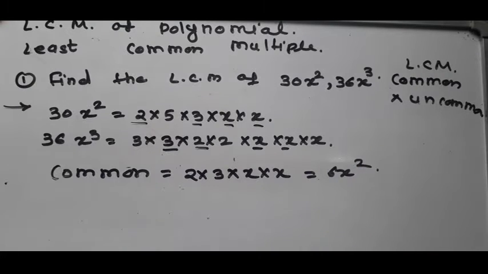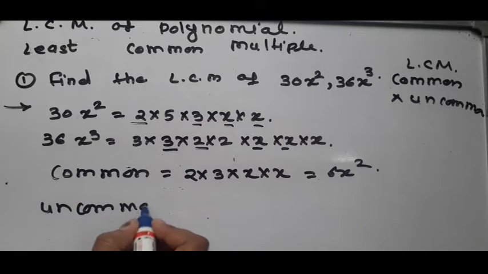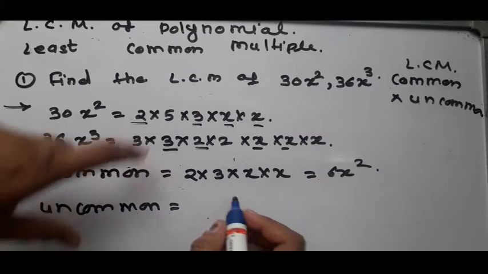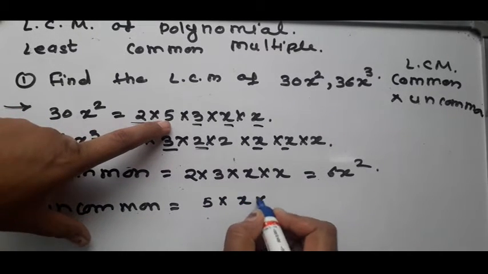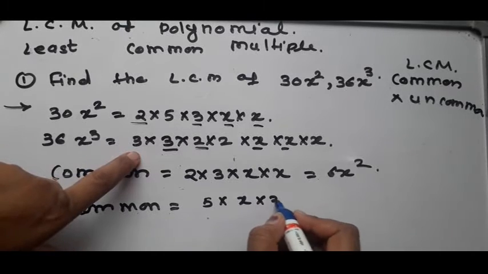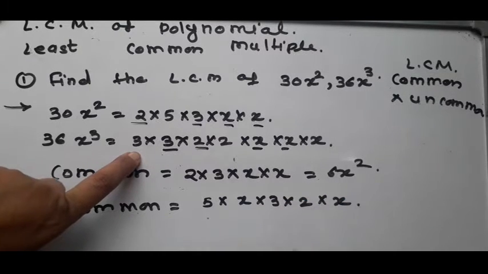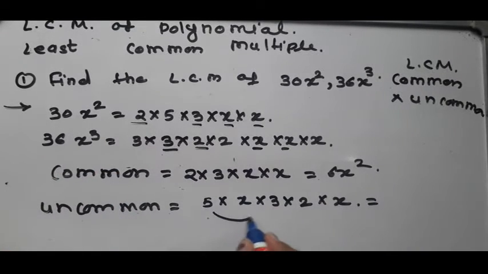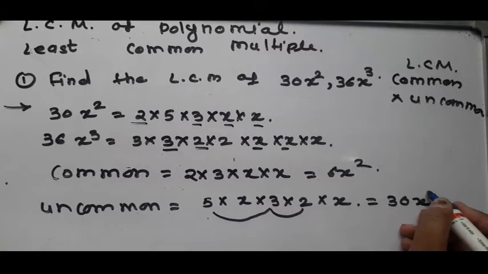Now we will write uncommon factors. What is uncommon? Here 5 is uncommon and 1x is uncommon. In this term 1 3 is uncommon, then 2 is uncommon and 1x is uncommon. That is equal to 5 3s are 15, 15 2s are 30 x square.